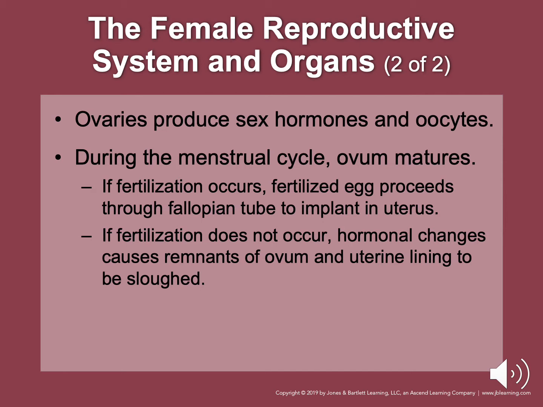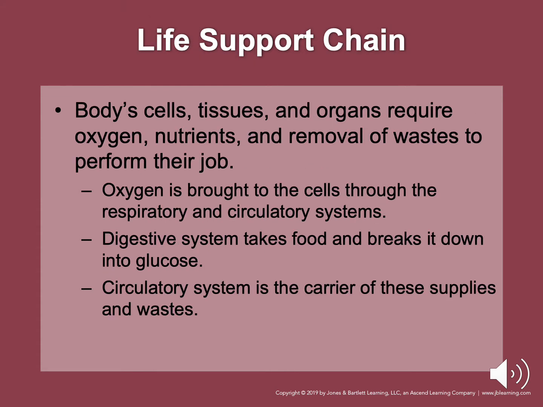And this is the end of chapter 7 on both the endocrine and digestive system. The pancreas has alpha cells that secrete glucagon, beta cells that secrete insulin, and delta cells that secrete somatostatin.